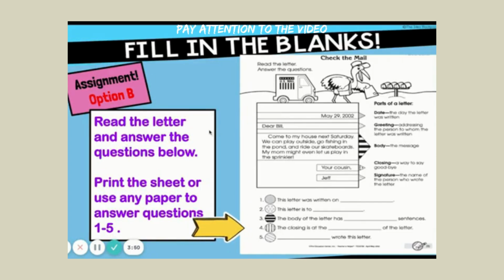Option B, You get to read this letter to yourself and print the sheet or use any paper to answer the 5 questions below. Have a great time deciding which option you're going to do. You can challenge yourself and complete both. Have a great time learning about all the parts of a letter, friends. Goodbye.